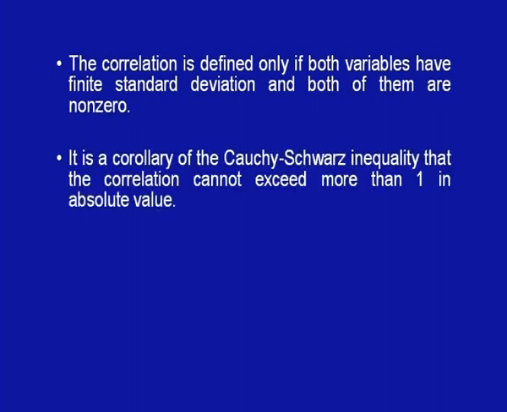The correlation is defined only if two variables have a definite standard deviation and both of them are non-zero. It is a corollary of the Cauchy-Schwarz inequality that the correlation cannot exceed 1 in absolute value.